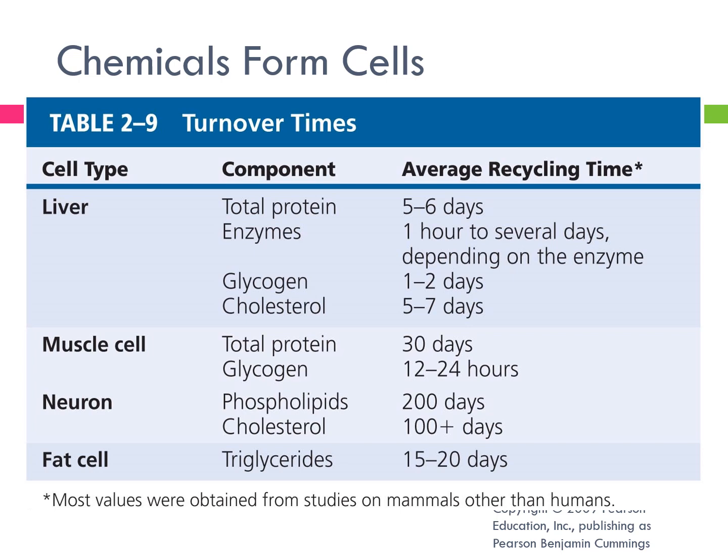Muscle cells are renewed every month. Glycogen in the muscle every 12 to 24 hours. In neurons, our phospholipids are renewed every 200 days and cholesterol every 100 days. And in fat cells, triglycerides are replaced or recycled every 15 to 20 days.